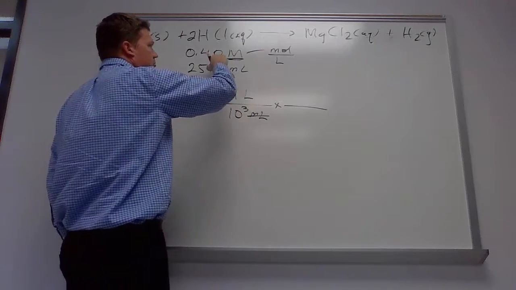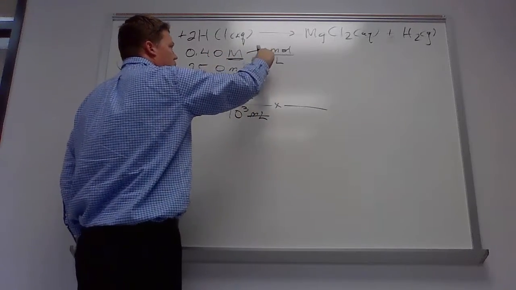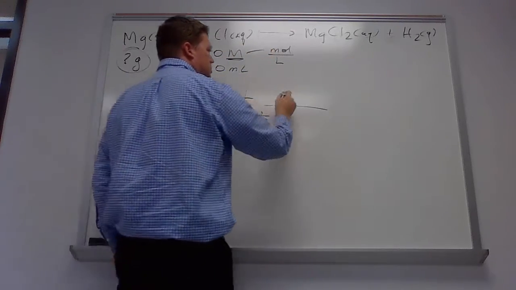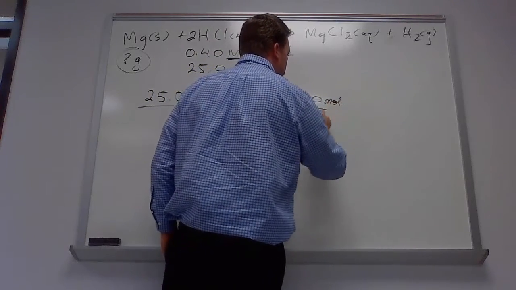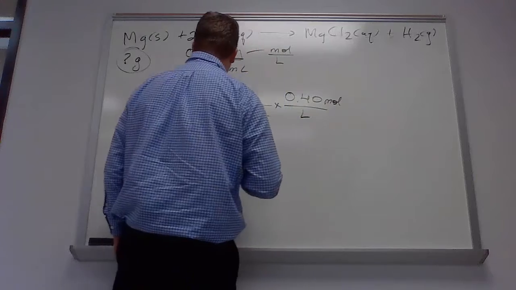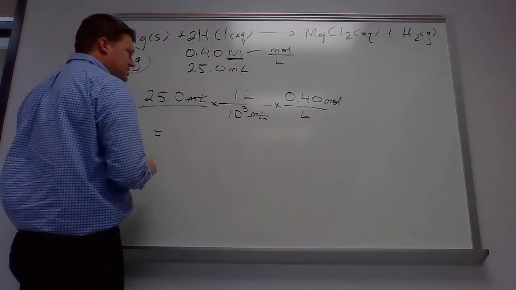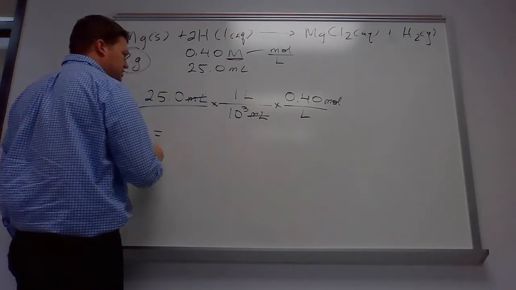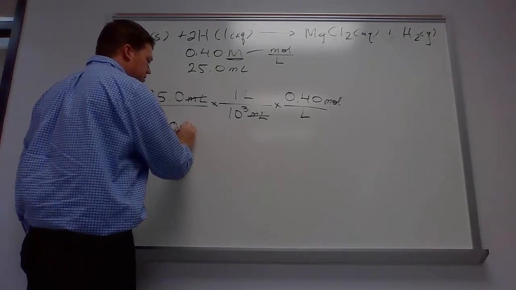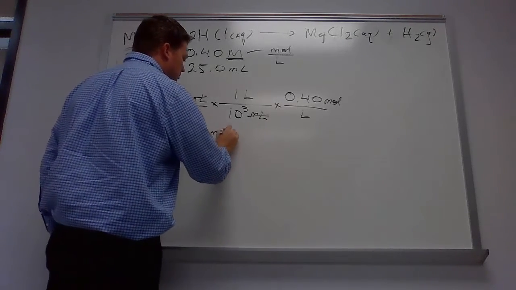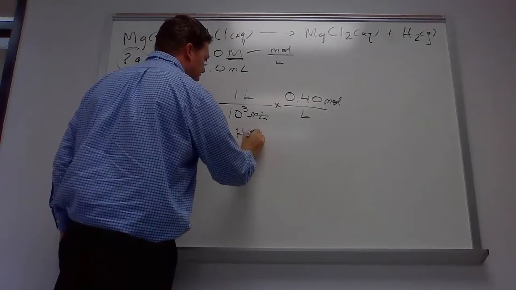So this 0.4 molar means 0.4 moles per liter. So we're going to do 0.40 moles per liter. And this is going to tell us, after all is said and done, that we have 0.010 moles of hydrochloric acid.